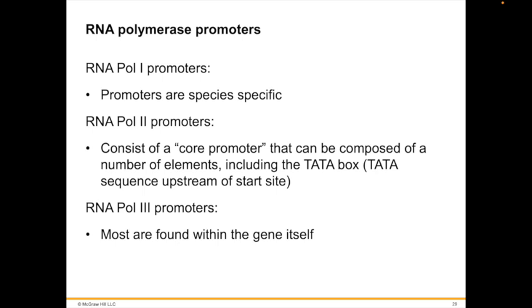RNA polymerase 2 promoters consist of a core promoter that can be composed of a number of elements, which includes the TATA box, and the TATA sequence is upstream of the start site, i.e. it's before it. And then RNA polymerase 3 promoters, most are found within the gene itself.